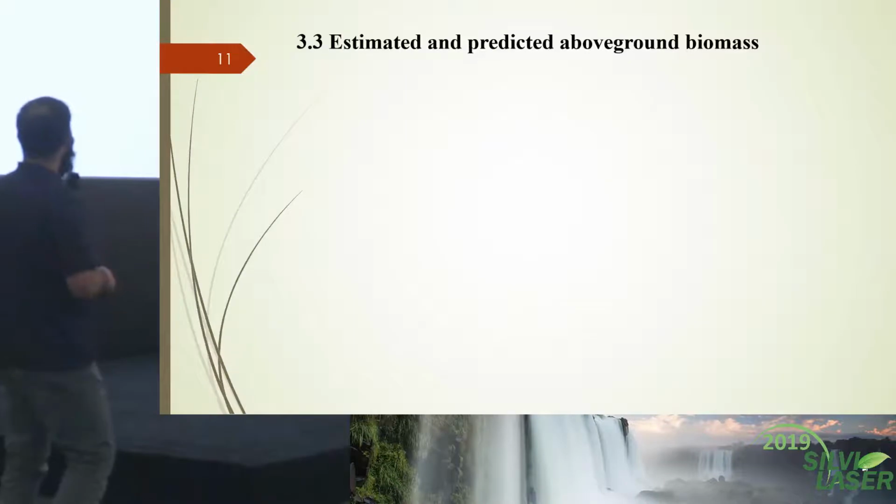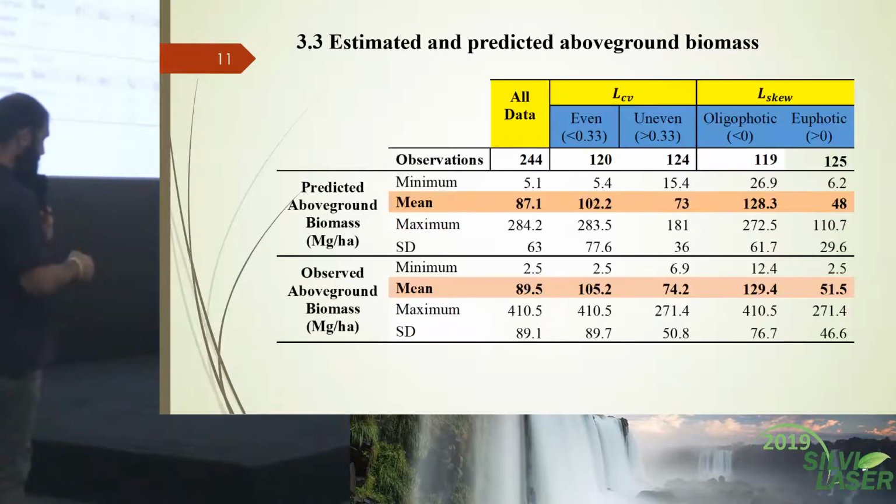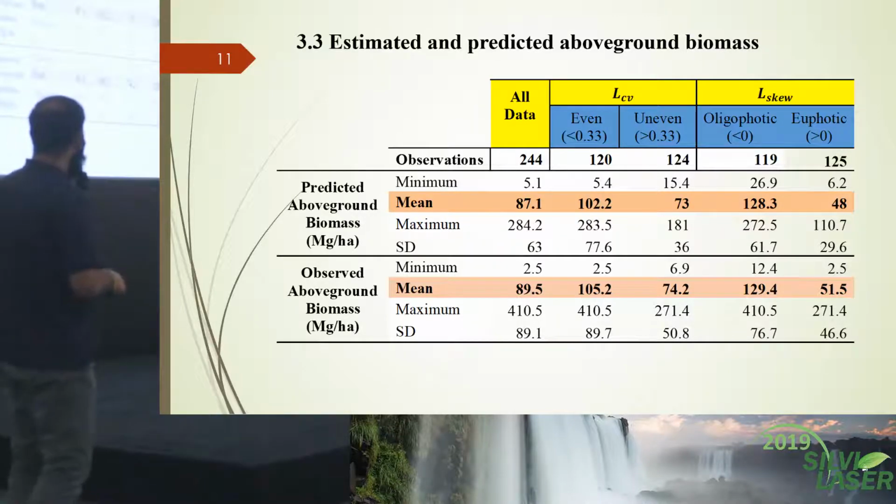For the estimated and predicted above ground biomass, the mean above ground biomass was similar in all cases, like 87 megagrams per hectare, 89, 102, 105, and so on.